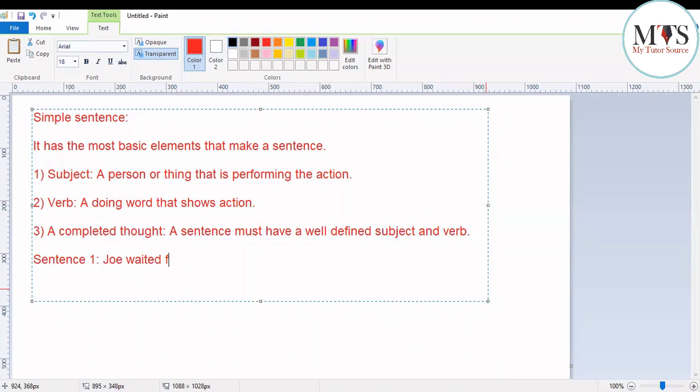Joe waited for the train. Can you tell me if this is a complete sentence? Joe waited for the train. Yes. Okay, very good. Yes, so can you identify the elements of a simple sentence in this sentence?